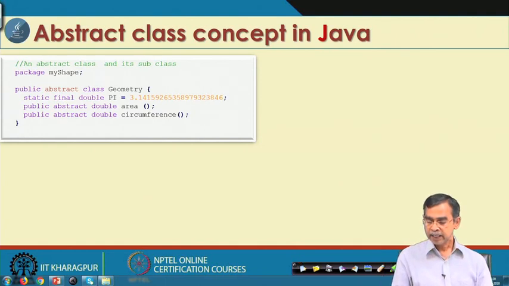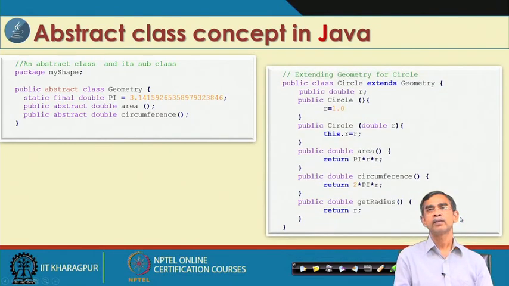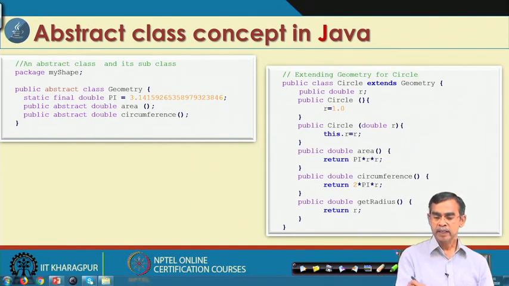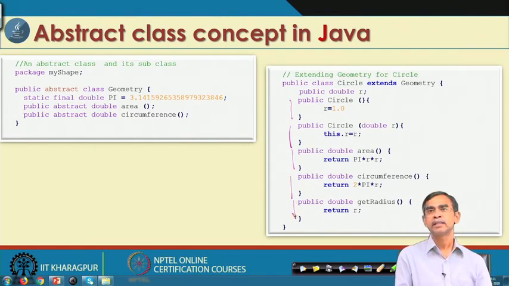Now, our objective is to create other classes which can be inherited from this abstract class. Here is the circle class, which inherits from the superclass geometry. It has constructors of its own: the default constructor, and another constructor with only one argument. Then we define the method area and the method circumference, and some methods which are unique to this class itself.